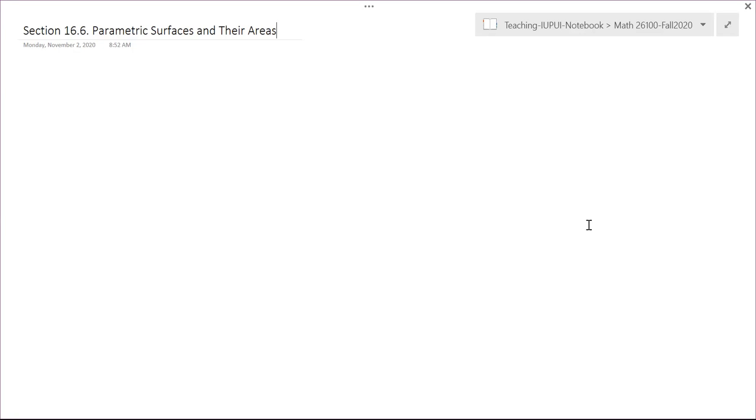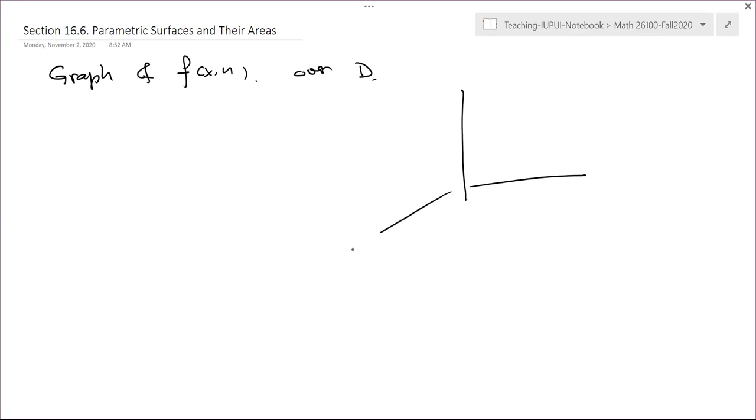describe the surface? I begin with the graph, okay? The graph of a function f, involving two variables, over the domain D, okay? So what is the definition of the graph of a function?